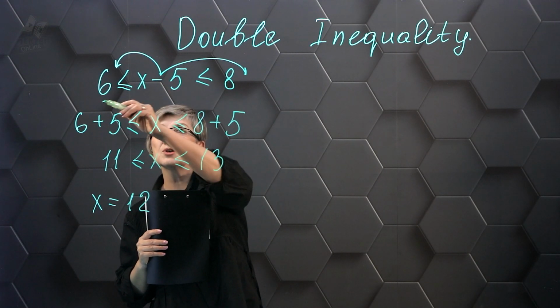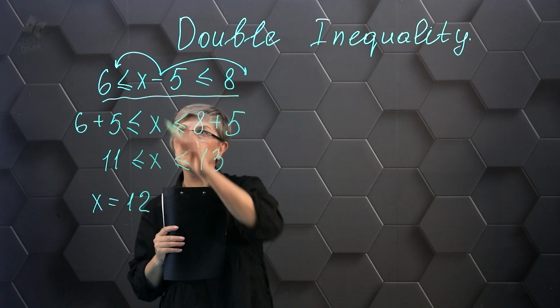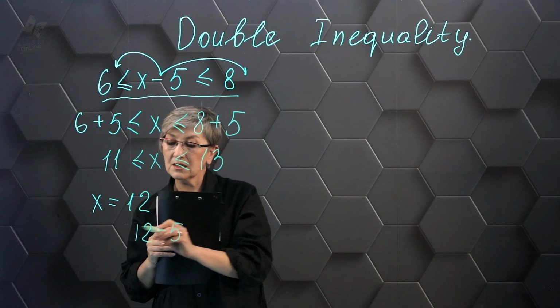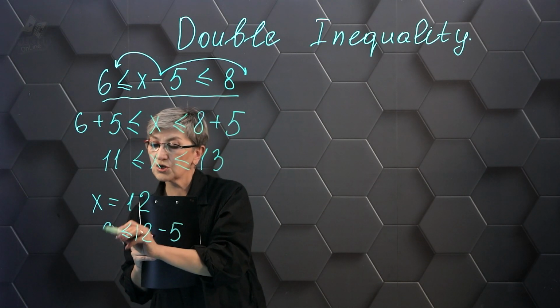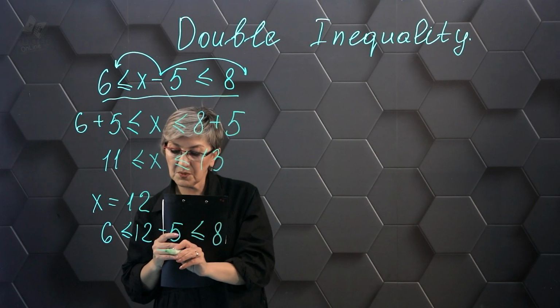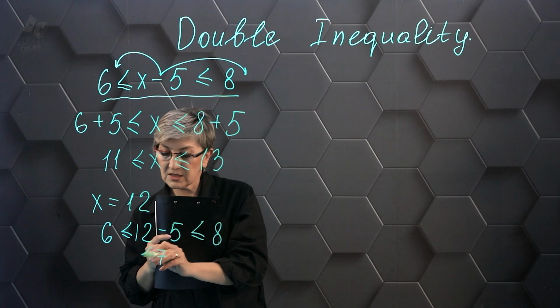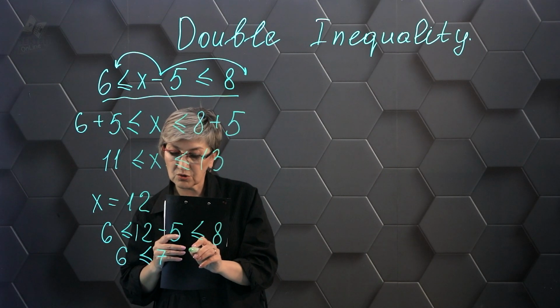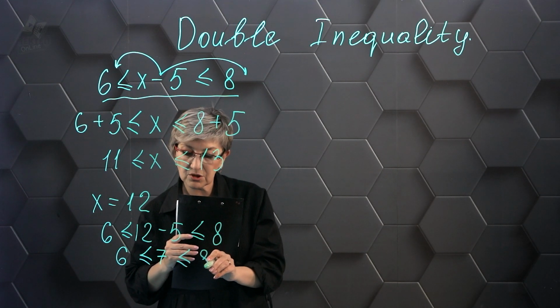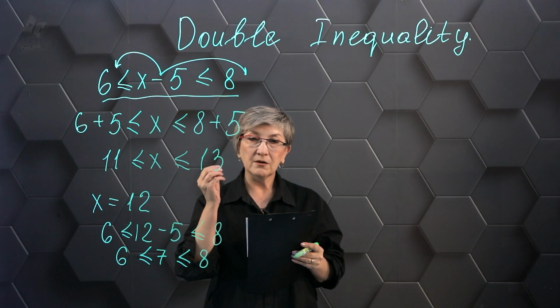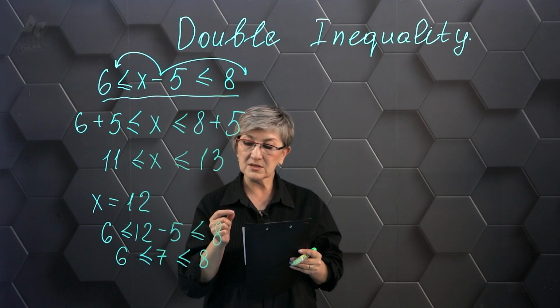Let's return to our original inequality, and instead of x, let's write 12. 12 minus 5 should be a number greater than 6 but less than 8. 12 minus 5 is 7. And indeed 7 is greater than or equal to 6, but less than or equal to 8. This is true, therefore we correctly solved this inequality.